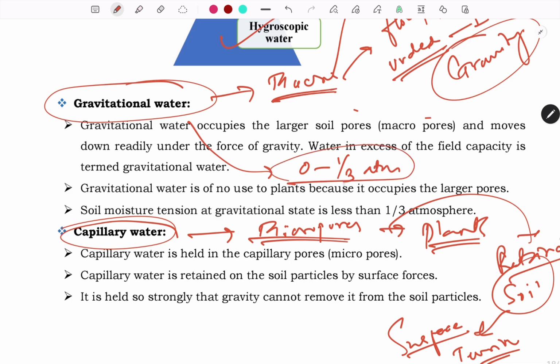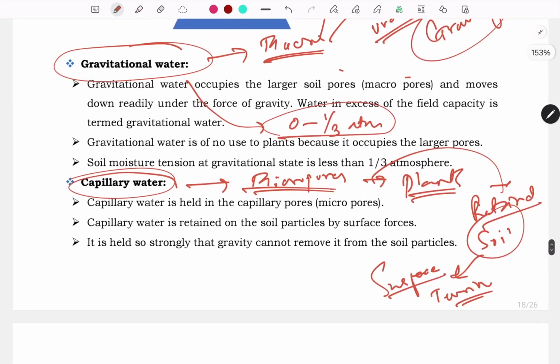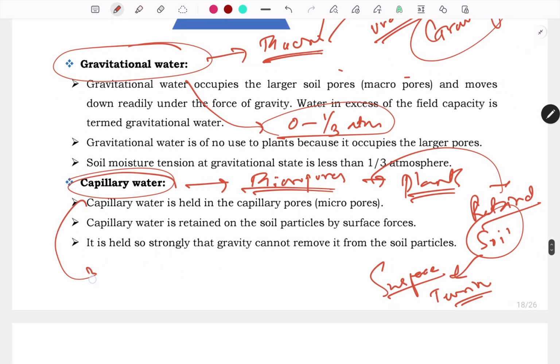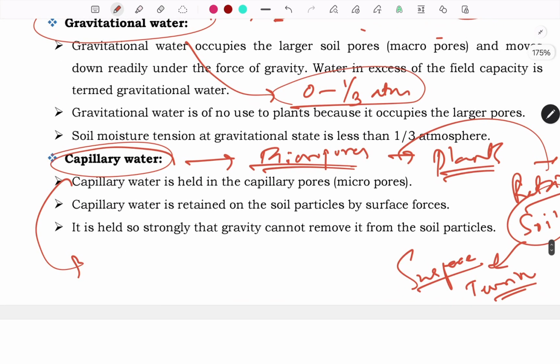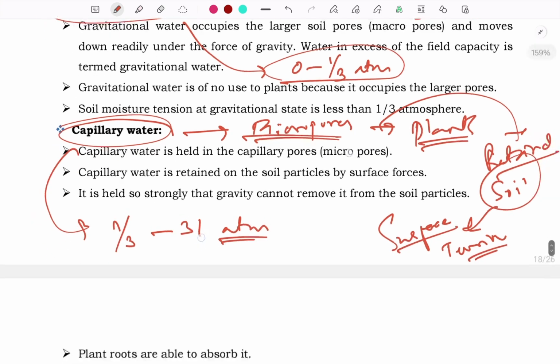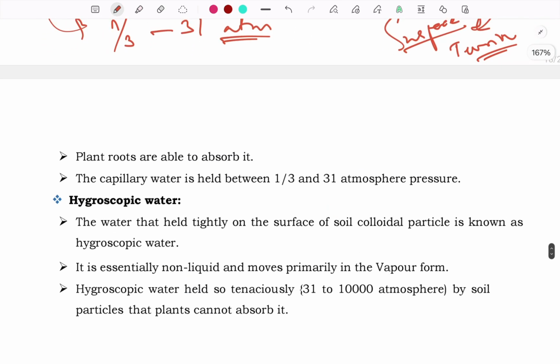At this potential we can see gravitational water. In case of capillary water, it is held at 1/3 to 31 atmosphere pressure. And the plant root absorbs this kind of water, that is capillary water.